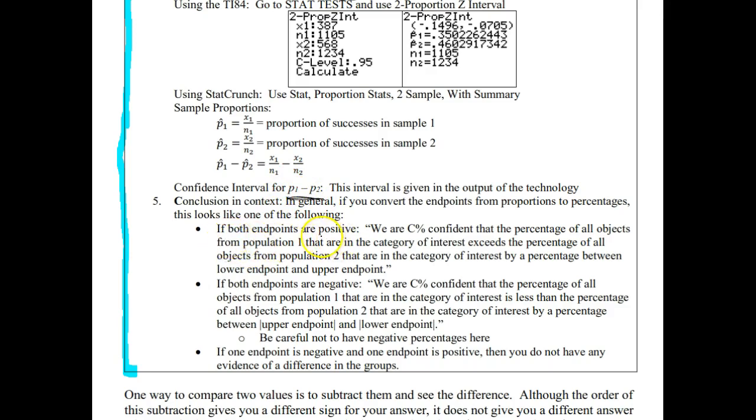And so if both of those endpoints are positive, we're going to say that we are whatever percent confident that the percentage of all objects from population 1 that are in some category of interest exceeds the percentage of all objects from population 2 that are in that category by a percentage between the lower endpoint and the upper endpoint. So now we're not getting proportions for the single populations, but the difference between those two populations.